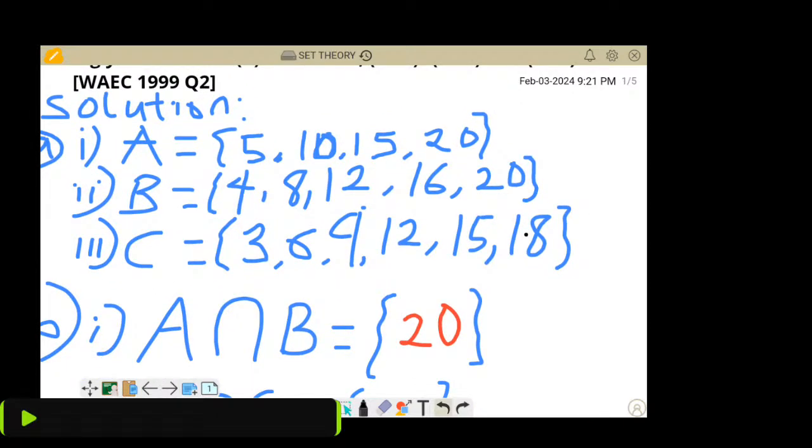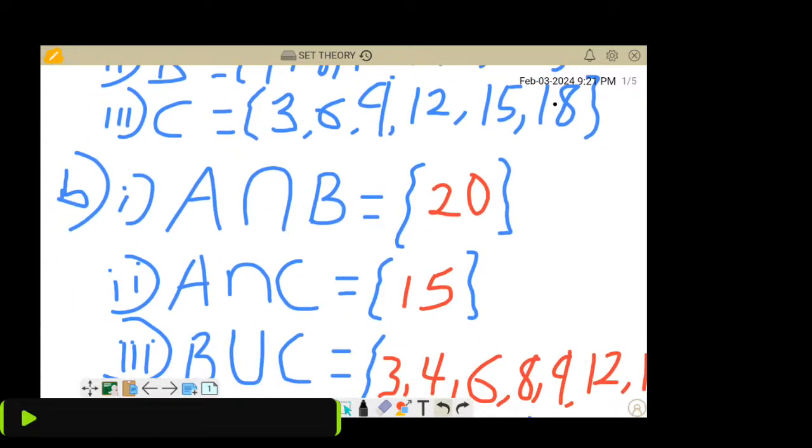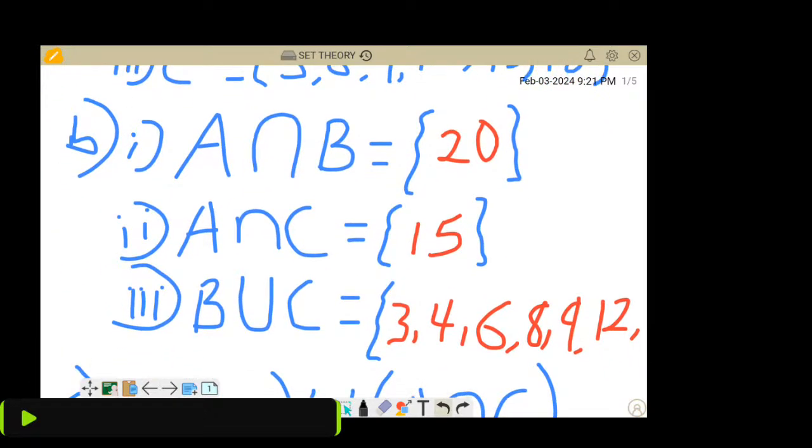In part B, we were asked to list out the elements of A intersection B. Remember, intersection is what two or more sets are having in common. When we have A intersection B, that is what A and B are having in common. Similarly for A intersection C, what A and C are having in common, and that number is just 15.